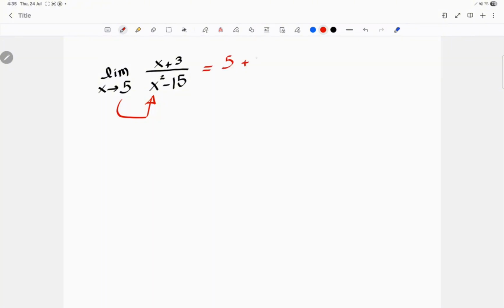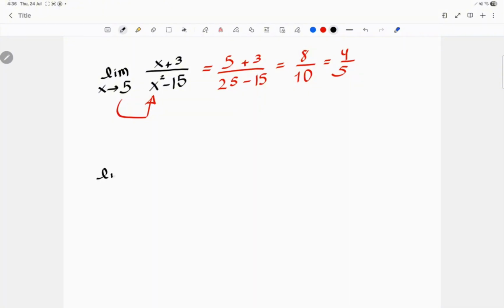You will get 5 plus 3 over 25 minus 15. That means you will get 8 over 10, which is 4 over 5. See, it's perfect here, because putting the x of 5 in the bottom of the equation did not give you a 0 denominator. Your life is easy if it's like that. What if it does though?